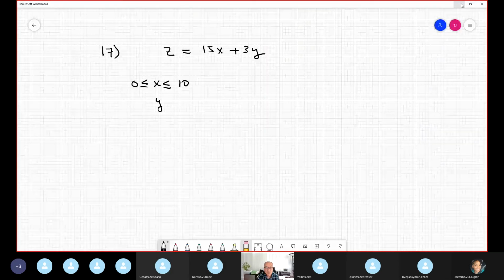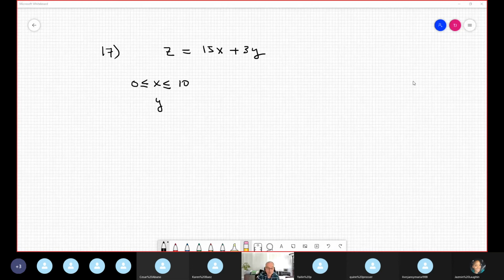Still in Desmos. Okay, 17 and 18 are classical linear programming problems in which we have an objective function, this is C, and we have constraints.